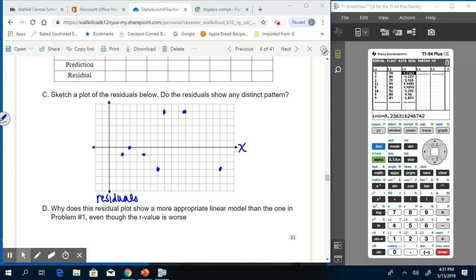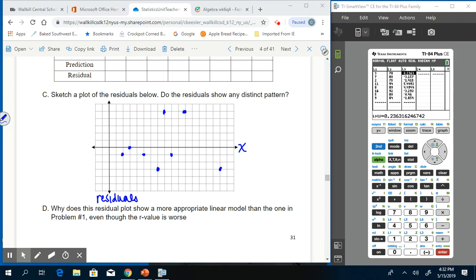And then 9, our residual was also -1, although it looks like 2 there. So 9, and then -1. Okay, so here, in this case, we do not have a distinct pattern.